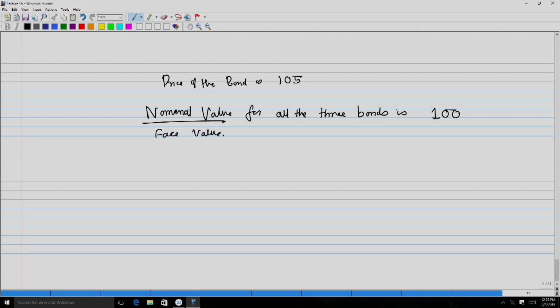Okay. So, with this piece of information, what is the question that we want to answer? The question that we want to answer is: what is going to be the construction of the term structure?